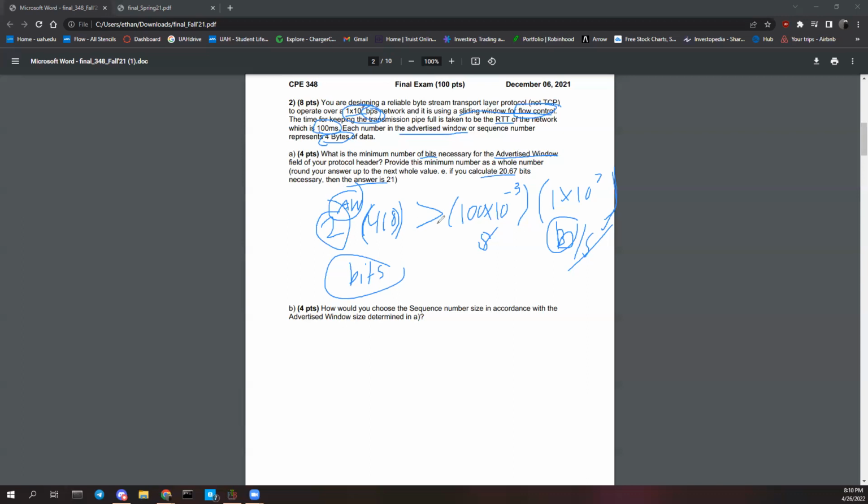Let's see. Where's my calculator? There it is. Just gotta do some quick maths here. So if we do 100 times 10 to the negative 3rd times 1 times 10 to the 7th power, that yields that. Divide it by 32, that yields that.